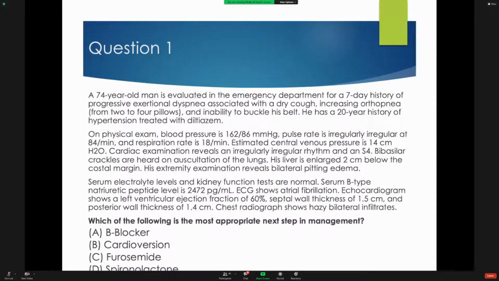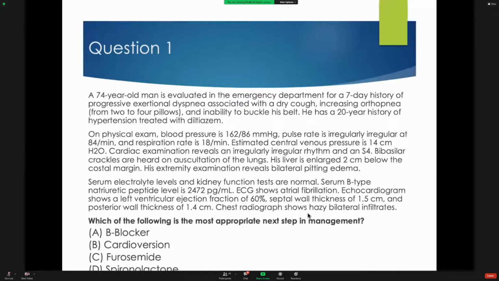Okay, so first, this is acute heart failure management. You will maximize the oxygenation. You will give diuretics because this patient obviously came with exertional dyspnea, progressive orthopnea, and PND, and his BNP is 2,400.